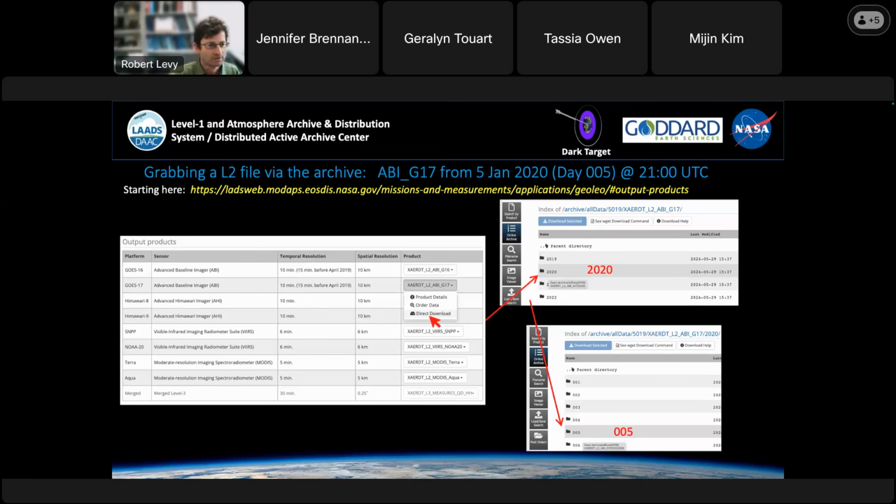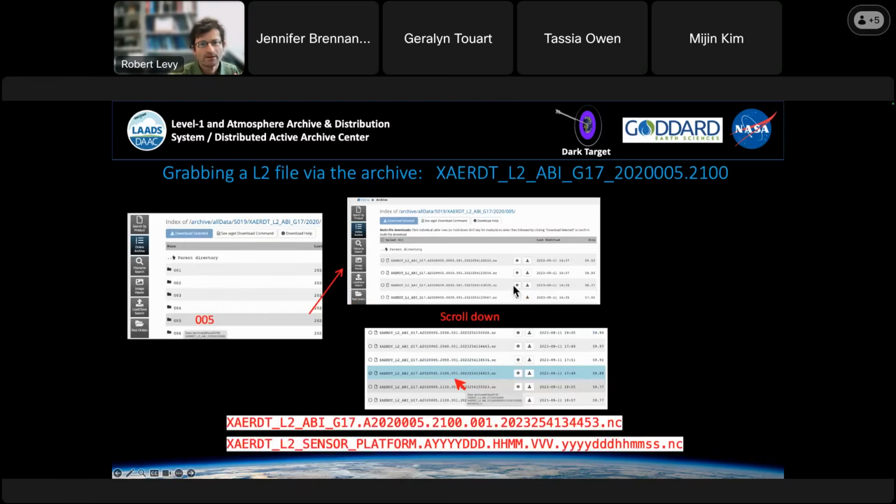In this case, I was looking at the GOES West data. So I have 2020. I go to day 05. And I scroll down and I find the image that I was looking for, the 2100 ABI GOES-17 image that has this date and timestamp.